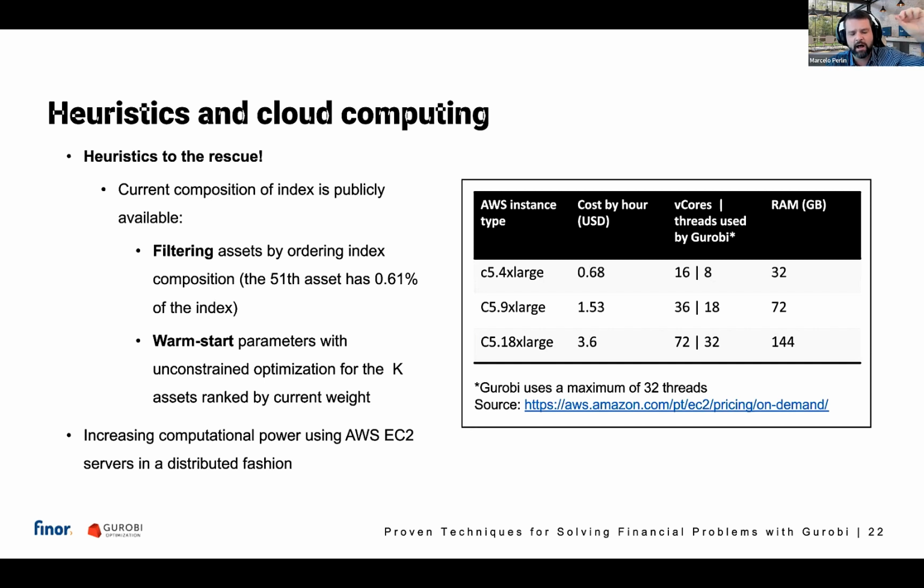If you go from 50 to 60, the individual weight is going to be much lower, so the likelihood of these assets getting into the solution is quite small. So we're just decreasing the search space for this problem. Also, we used a warm start strategy by looking again at the K assets that have higher weight and optimizing those in an unconstrained optimization, just letting the sum of W equal 1, and then we use those as starting parameters for the algorithm.